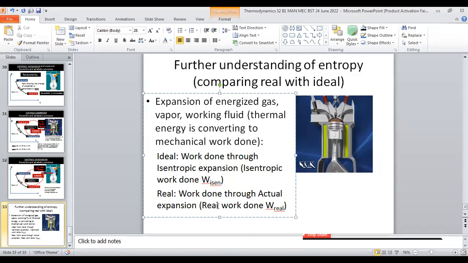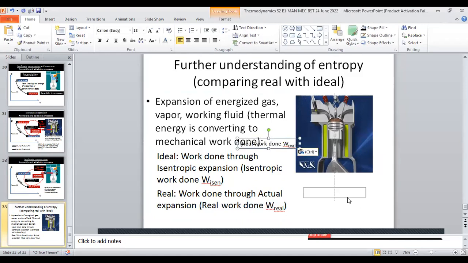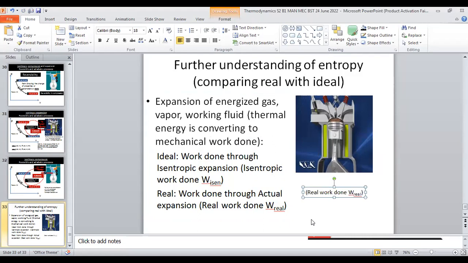So here we are taking a ratio of W real against the ideal, means W isen.